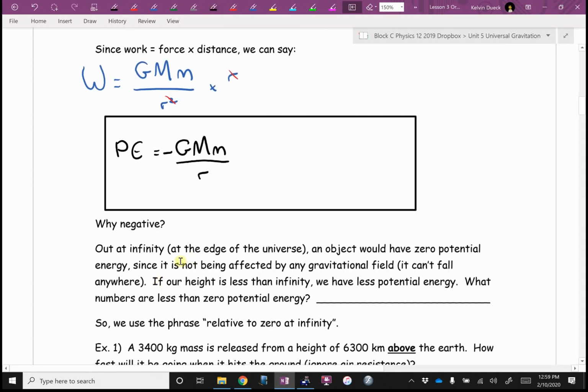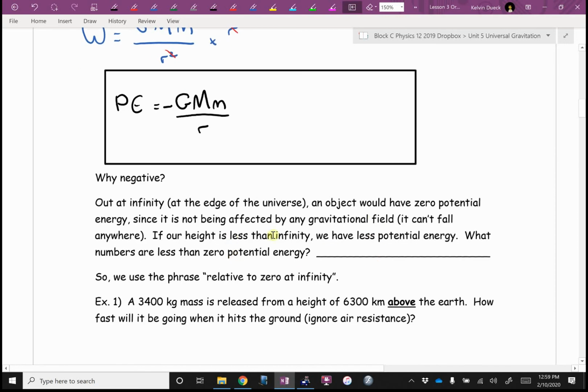So why negative? Out at infinity, at the edge of the universe, an object would have zero potential energy, since it's not being affected by any gravitational field at all. It can't fall anywhere. If our height is less than infinity, we have less potential energy. What numbers are less than zero? And so we use the phrase relative to zero at infinity.